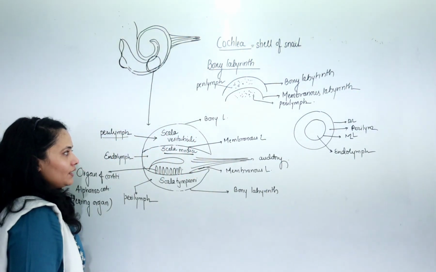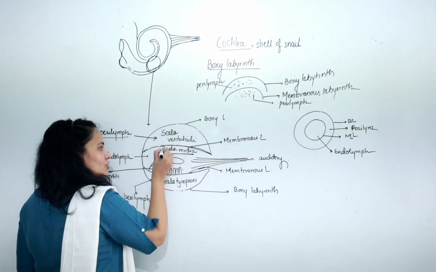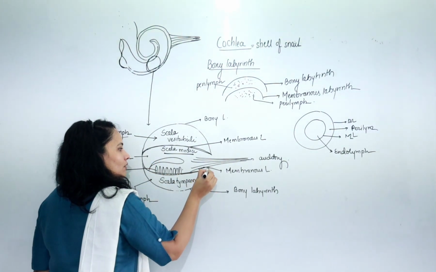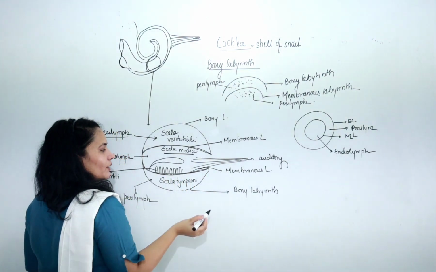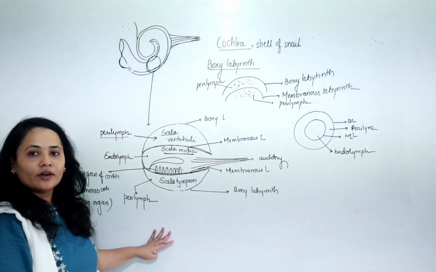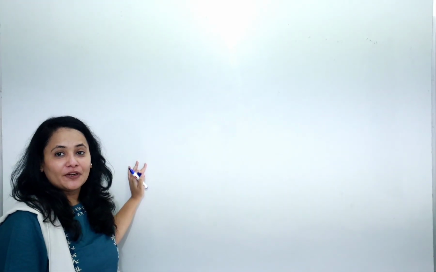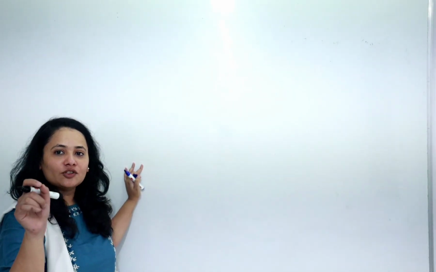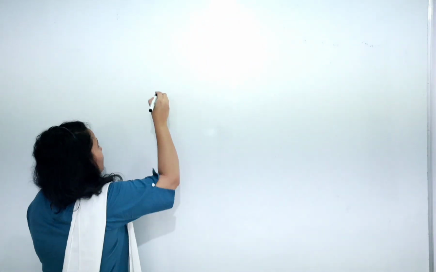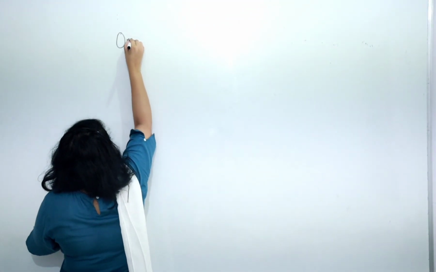Now we will study in detail only the section we call scala media, the middle chamber of the cochlea. So let's start with the organ of Corti.